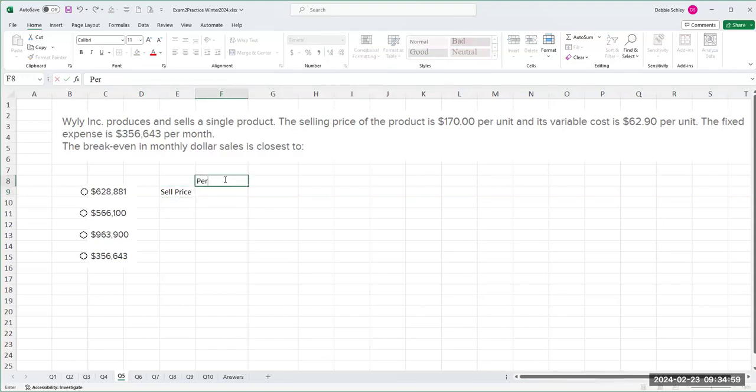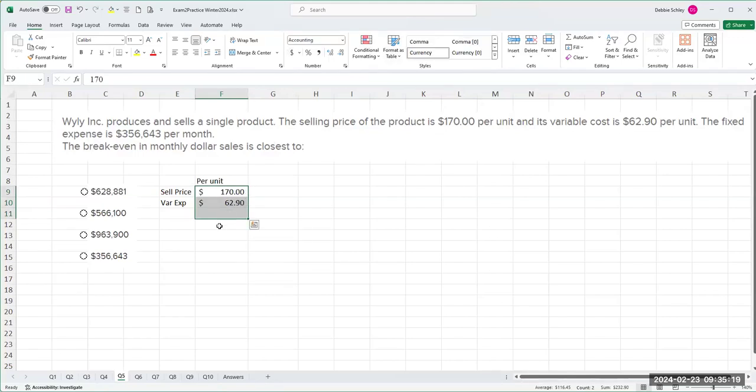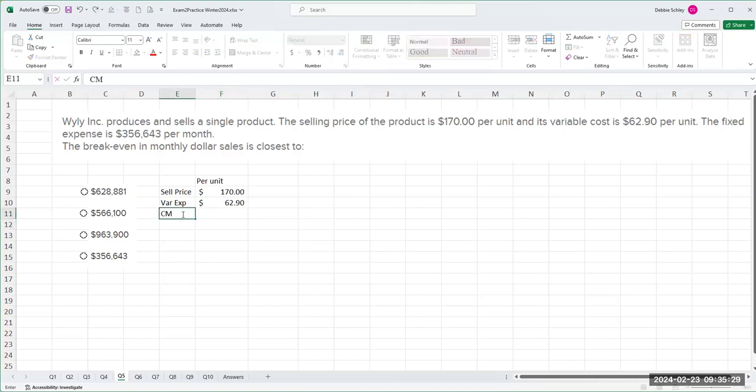I'm just doing per unit right now because that's the information they gave me. And they told me my variable expense per unit. So this was 170 and this is 62.90. And then this is the ratio.